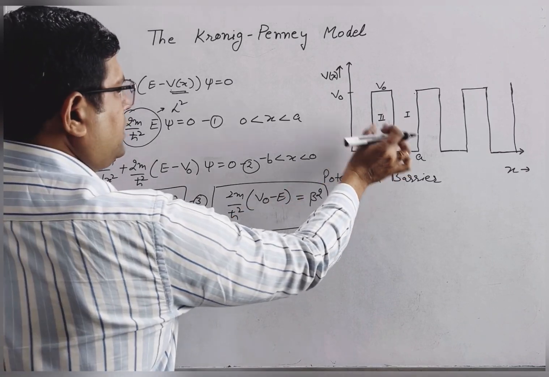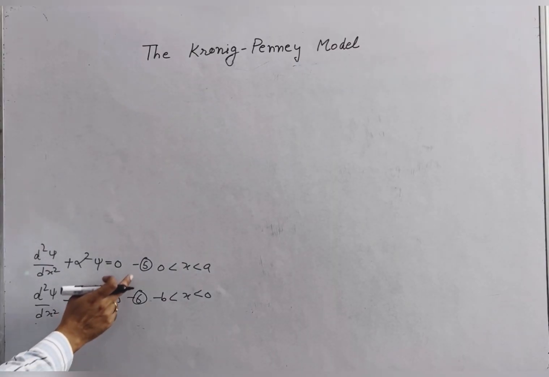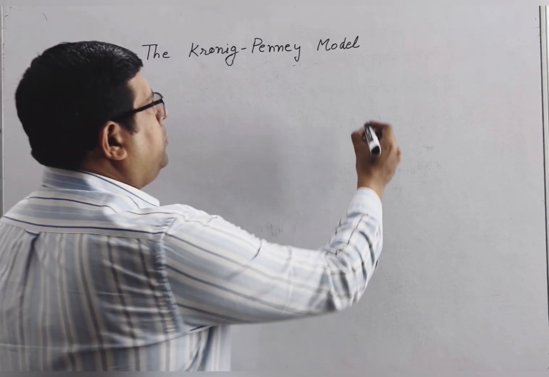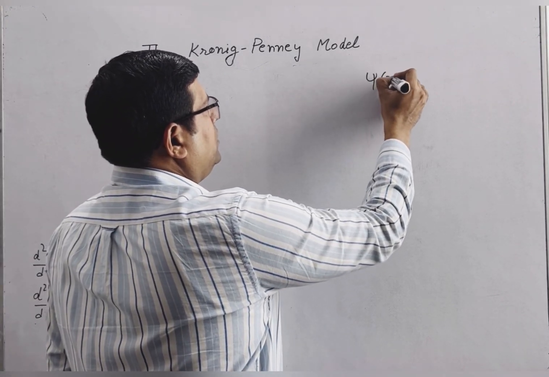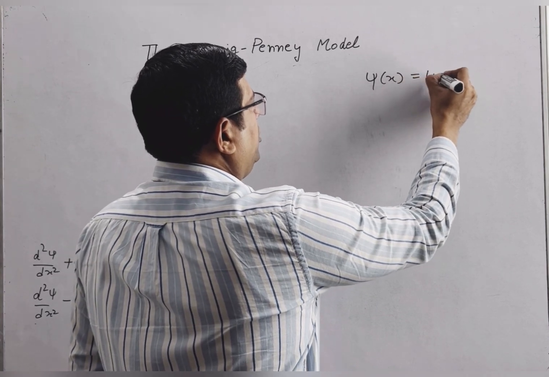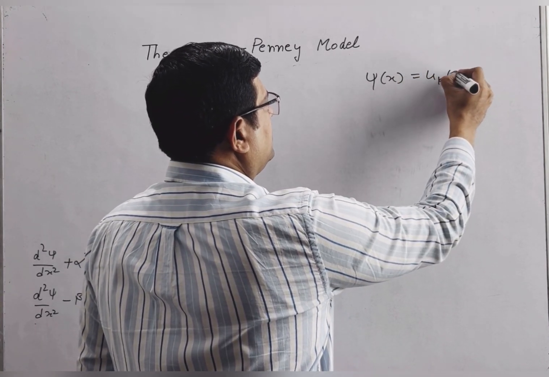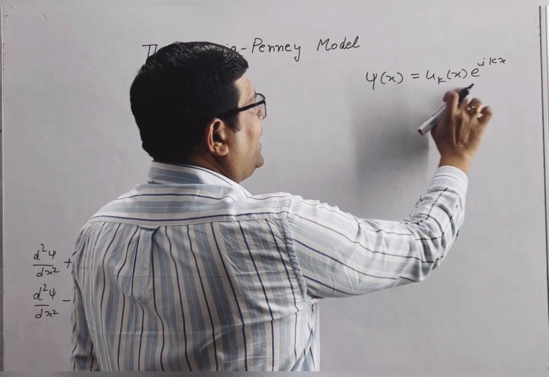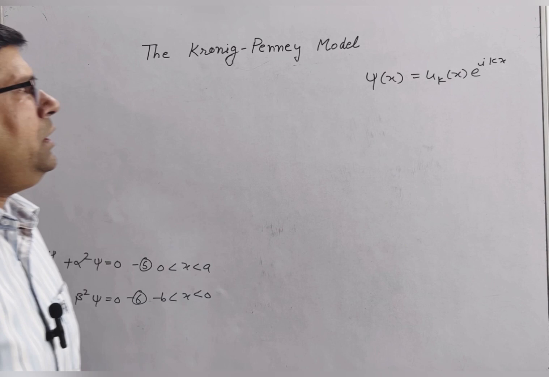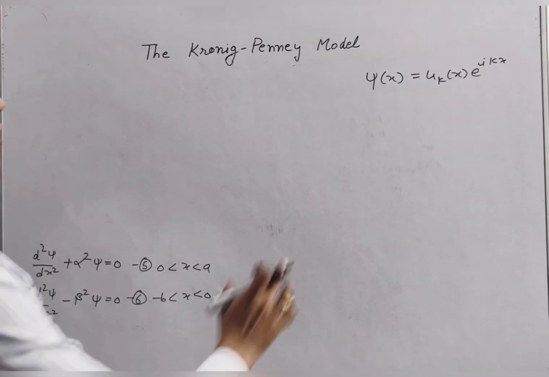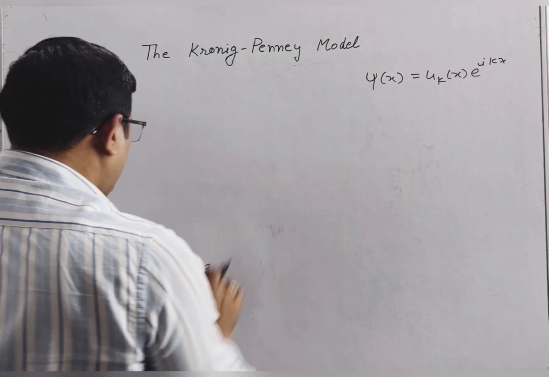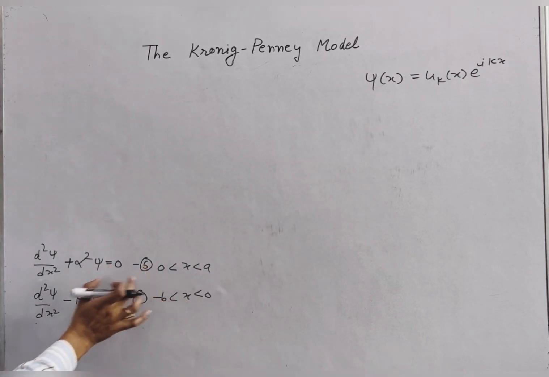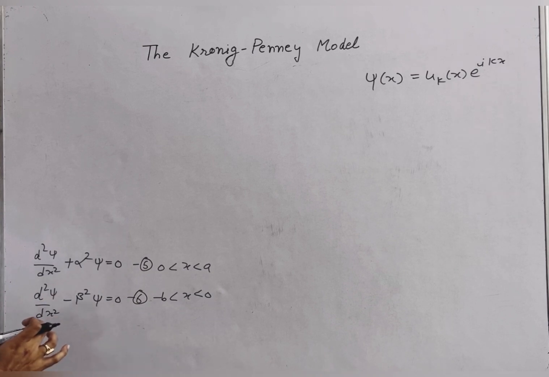For these two regions having the periodic potential, Bloch suggests the solution is of the type psi_k(x) equal to u_k(x) into e raised to power i k x, where u_k(x) is also periodic in x. If this is the solution of these two equations, then it must satisfy them.